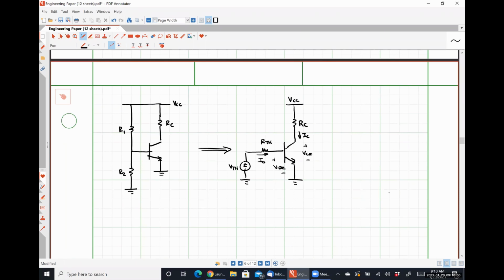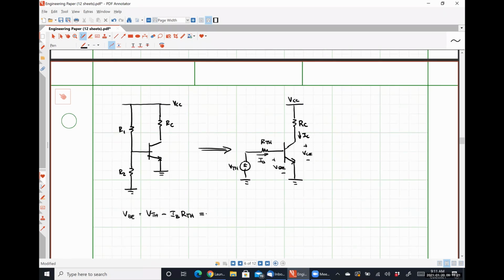It should be fairly easy to see that our base emitter voltage, VBE, is equal to our Thevenin voltage minus IB times R Thevenin.